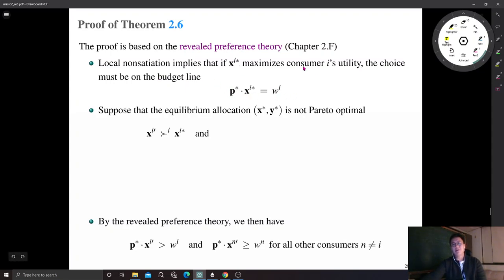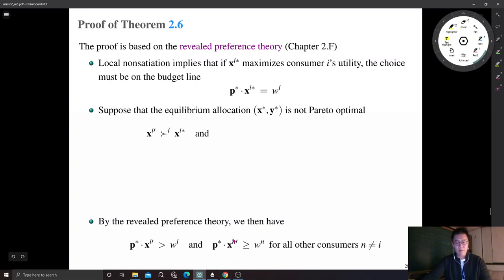So for every consumer, if xi star is maximizing consumer i's utility, then at this choice, the budget constraint should be binding. This may not hold without the local non-satiation assumption.